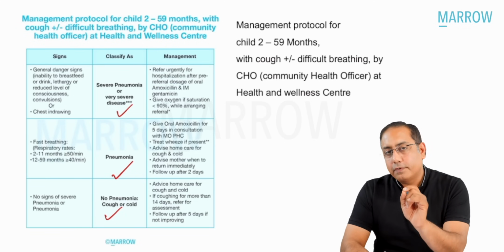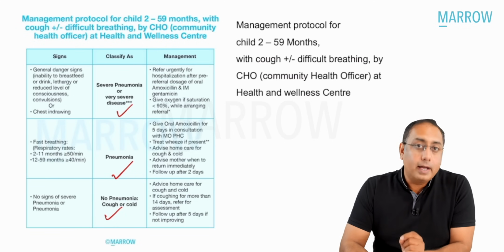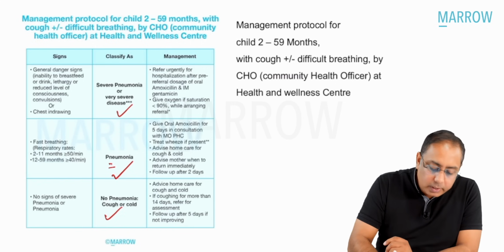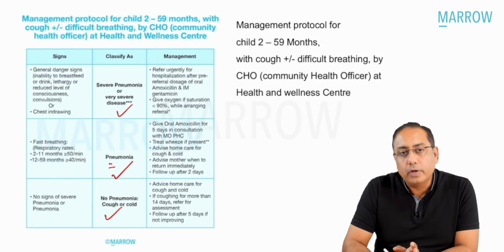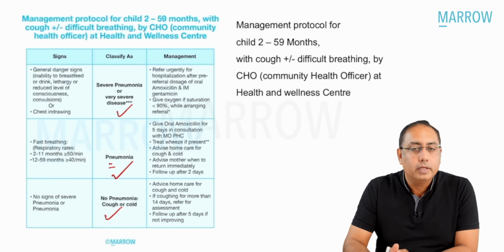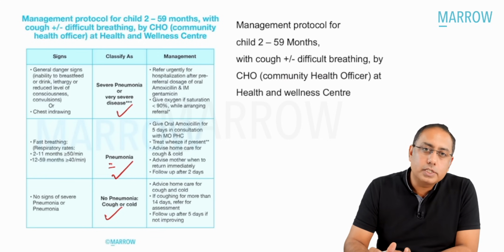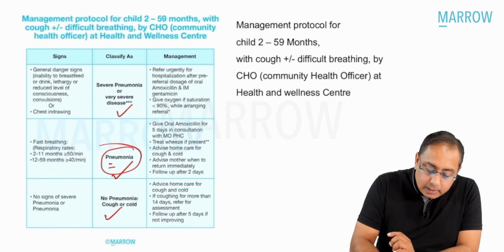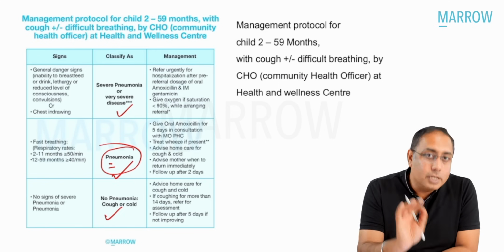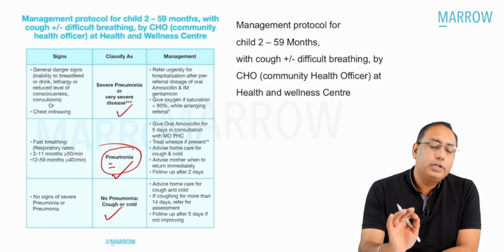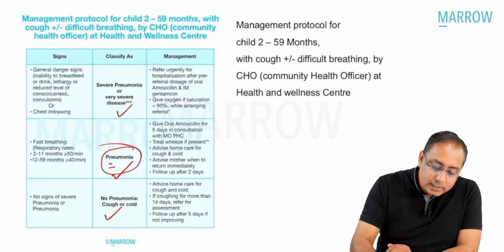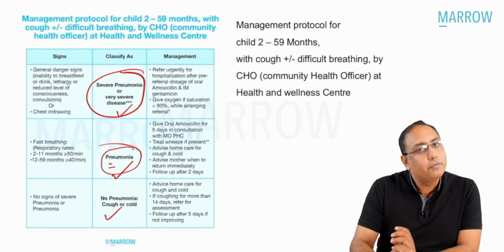In case you have studied pediatrics or the IMNCI protocol, you already know that chest indrawing is now taken into pneumonia, with or without chest indrawing. Even if the child is with chest indrawing or without chest indrawing, under IMNCI it is taken as pneumonia. But as per the SANS protocol, beta, if chest indrawing is present in a child, it is taken as severe pneumonia or very severe disease.